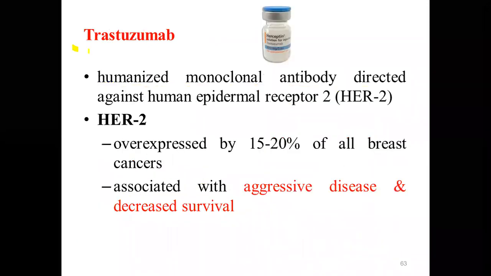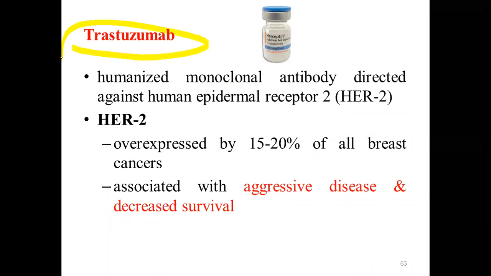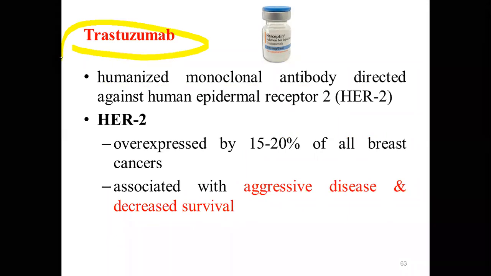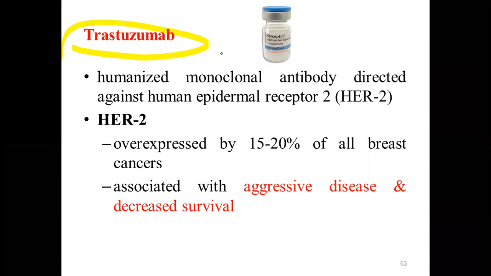Then the other monoclonal antibody we are going to see is trastuzumab. So is there anyone who heard about trastuzumab? Maybe in medicinal chemistry? Anyone? Patel? Patel, have you heard about this?